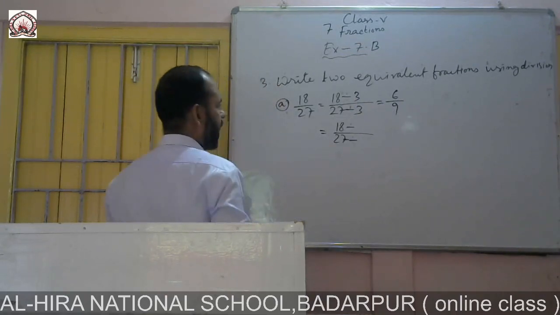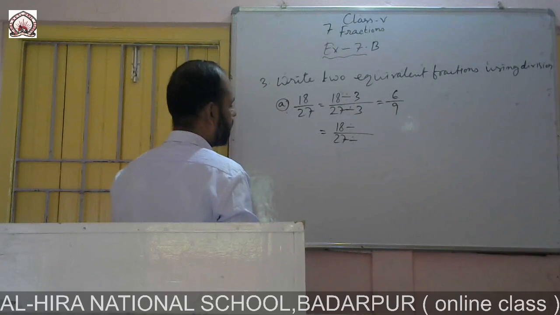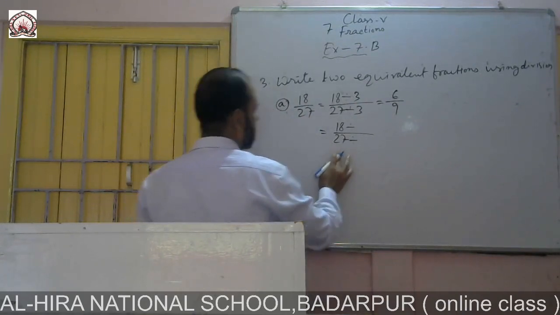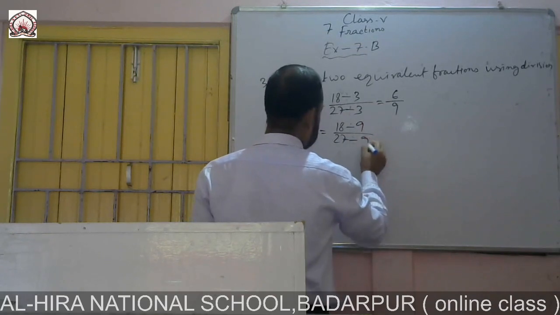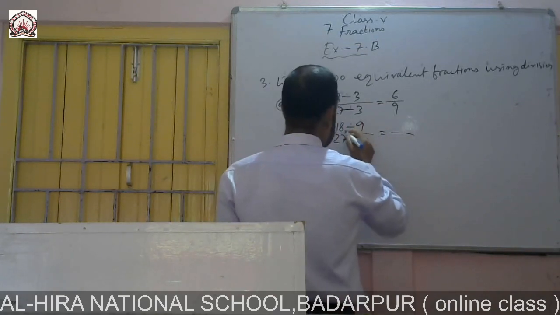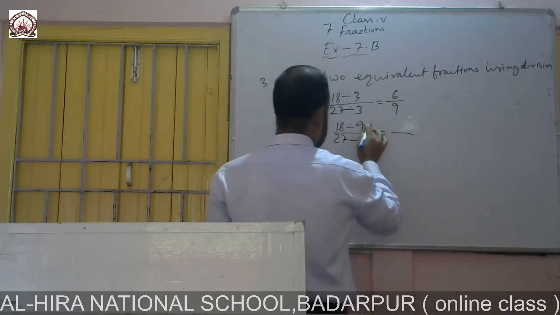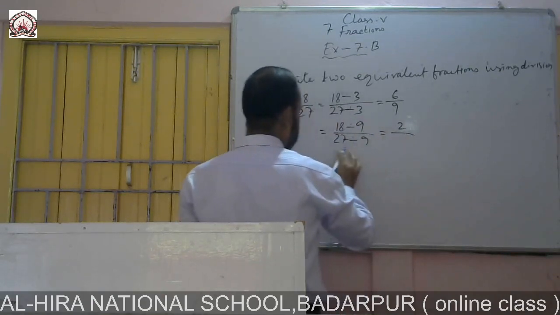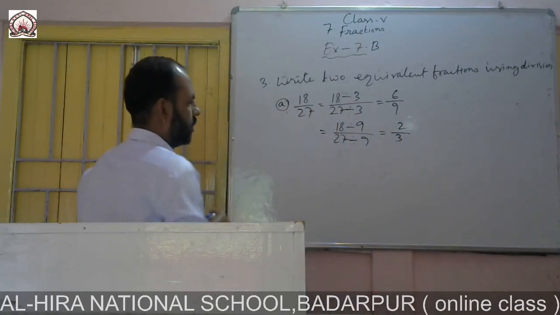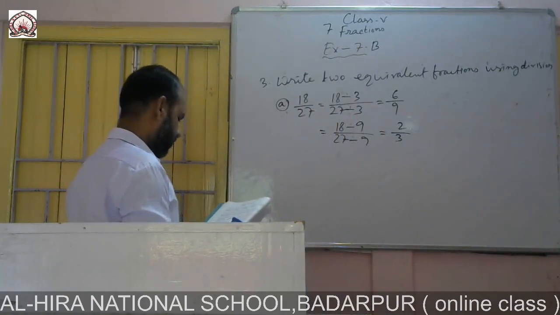We can't divide by 4, we can't divide by 5 also, 6 also we can't divide, then it is 9. 9 2s are 18 and 9 3s are 27.